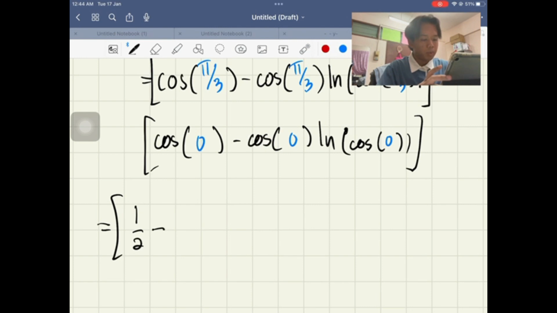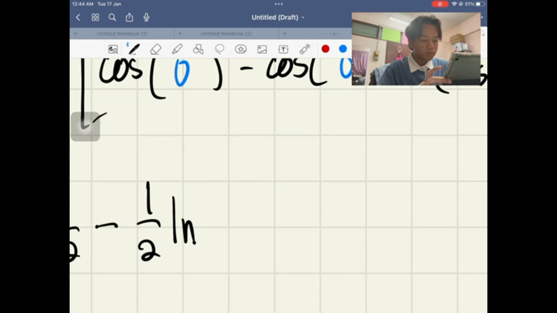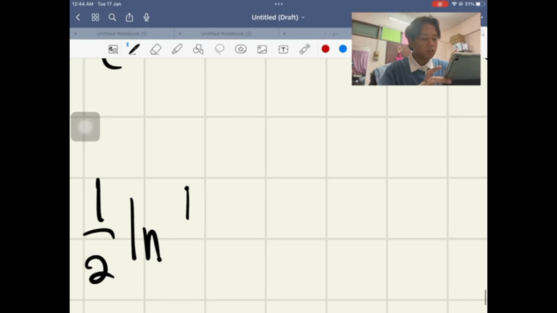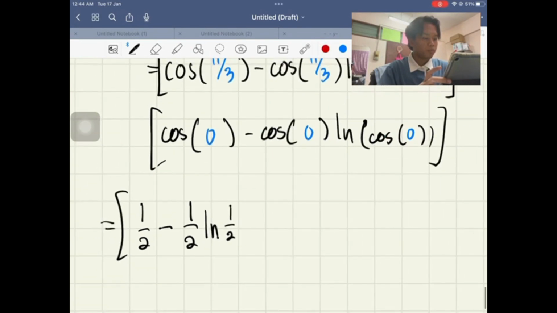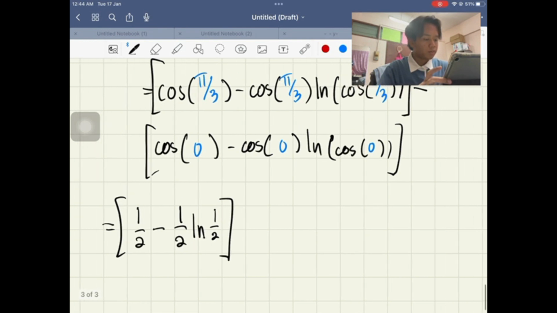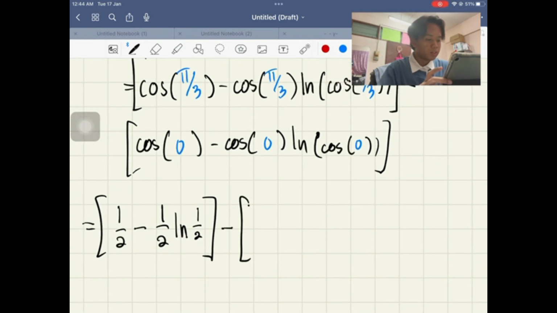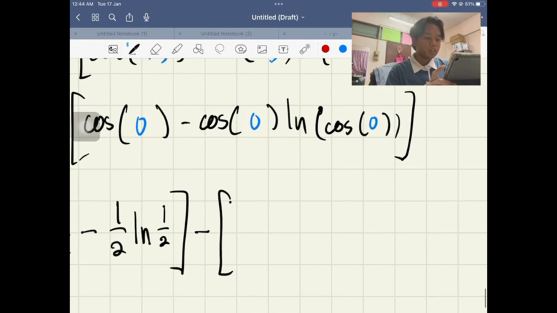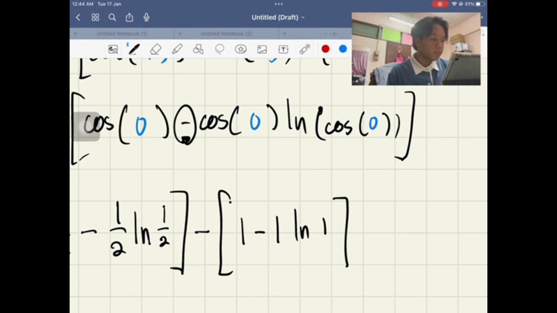And minus cos pi over 3, 1 over 2 again, ln 1 over 2, bracket, minus cos 0 equal to 1, minus cos 0, 1, and then ln cos 0, 1.